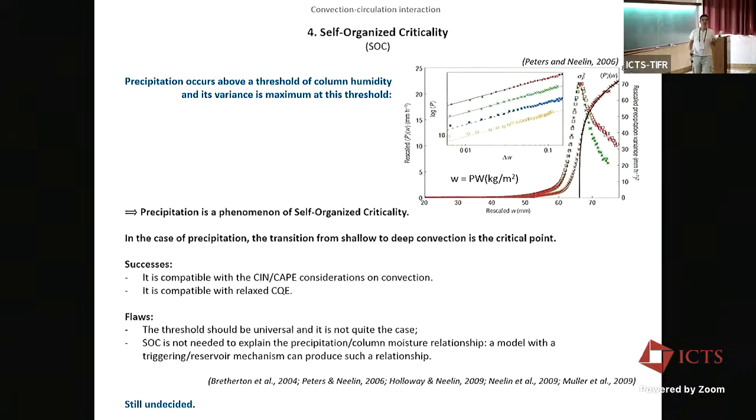Well, there are a few arguments about it. First, of course, there is a role for humidity in the buoyancy. So in the boundary layer, when you have a lot of humidity, it will contribute to the column humidity, and it will contribute to the buoyancy, so potentially to your updrafts.